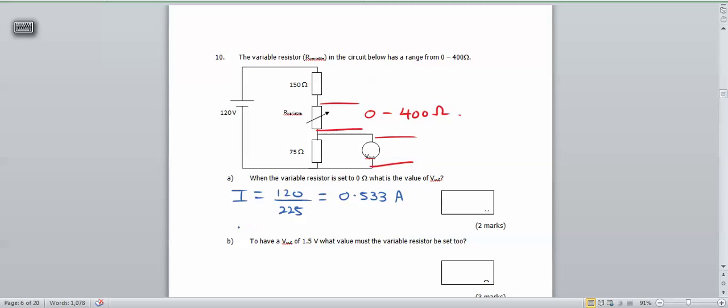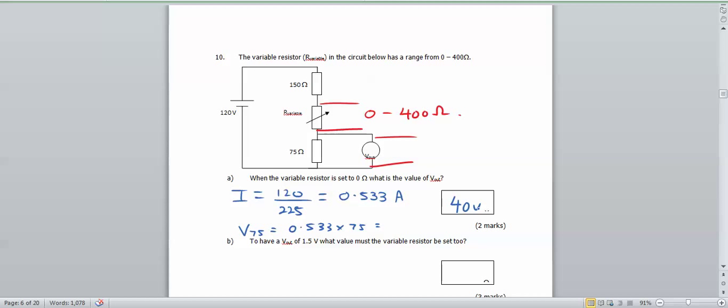So the voltage across the 75 resistor is going to be equal to 0.5333 times 75, which is equal to 40 volts.